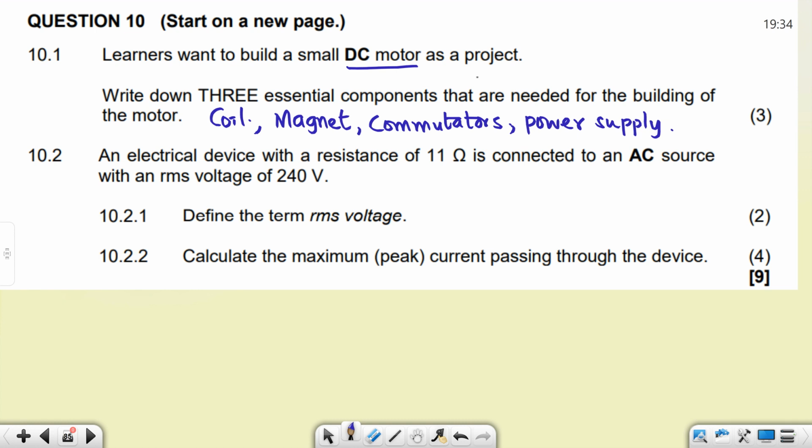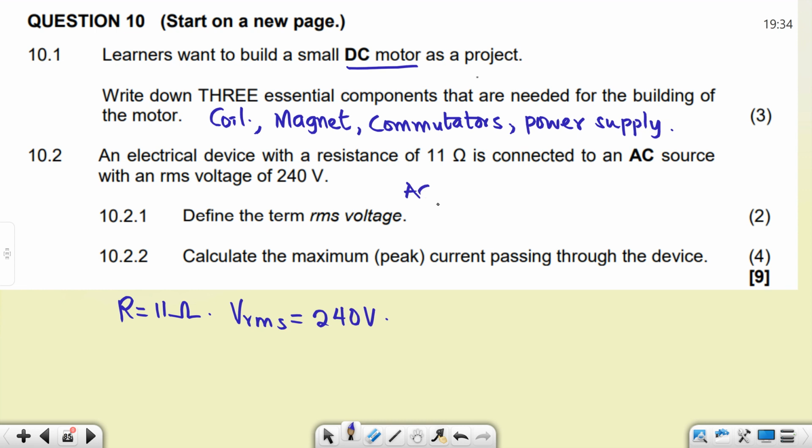An electrical device with a resistance. Guys, if you've been following, you know that I read very slowly to be able to get all the information out. My resistance is 11 ohms, connected to an AC source with an RMS voltage. Oh, beautiful. So we know our VRMS. I told you that this definition would be there. Define RMS voltage.